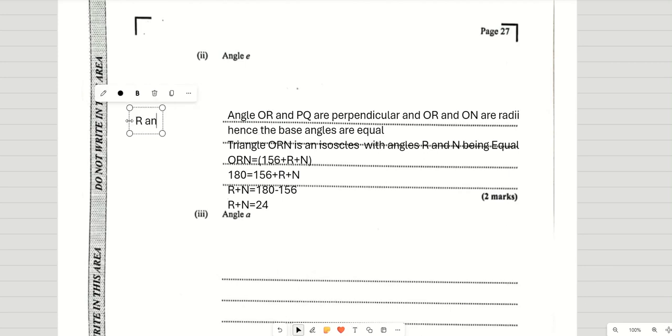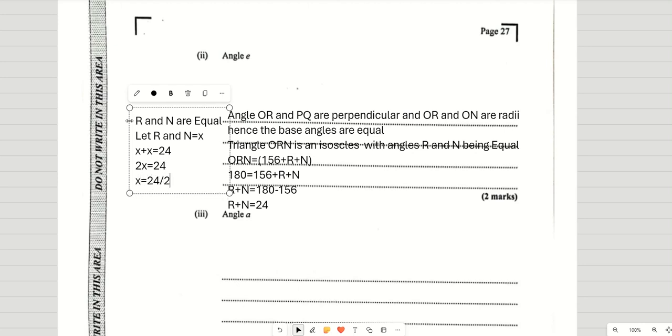So you're going to let R and N be equal to X. So we can say X plus X is equal to 24. So 2X is equal to 24. So X would be 24 divided by 2. So X is equal to 12.